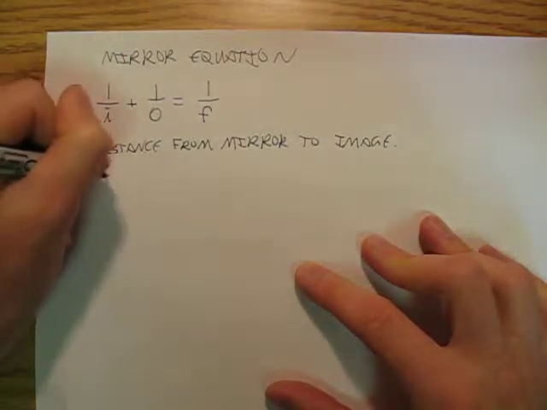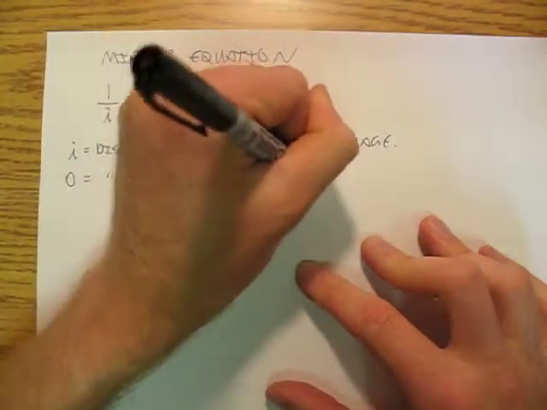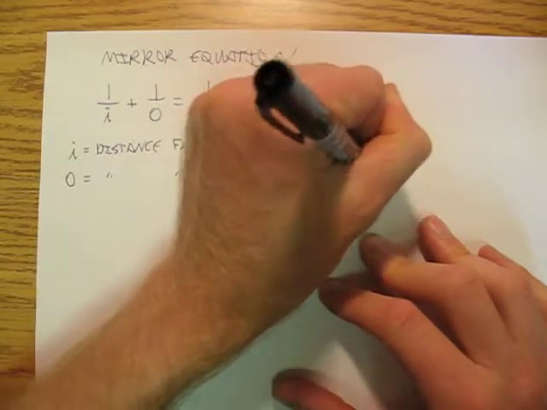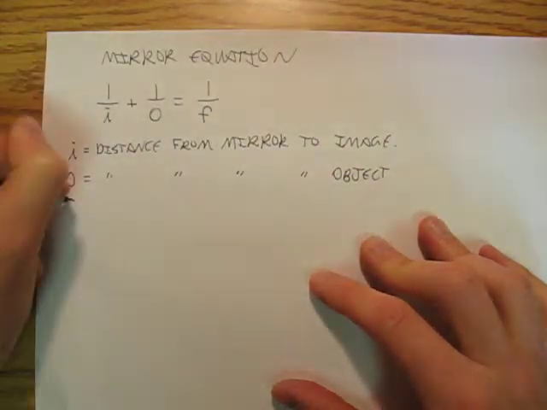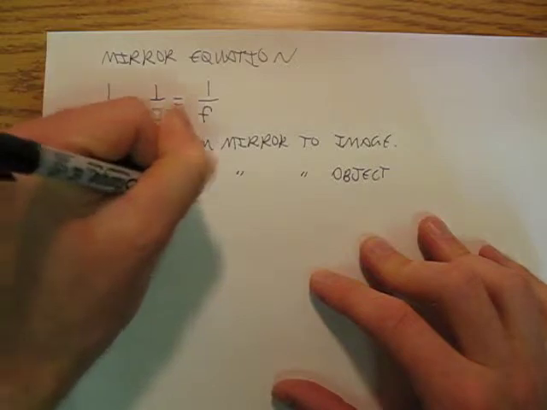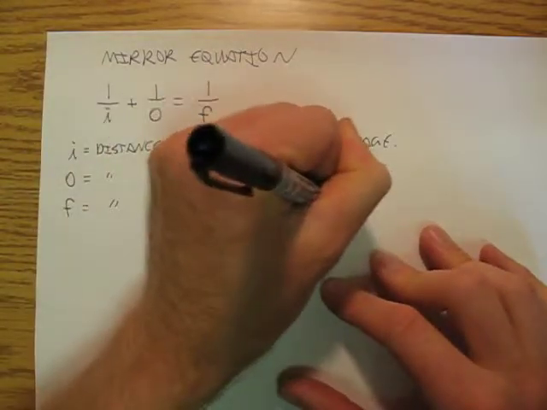O is the distance from mirror to object, and F is the distance from mirror to focus.